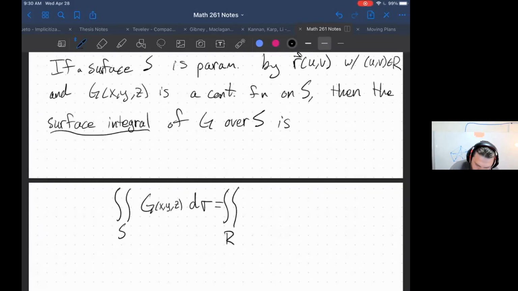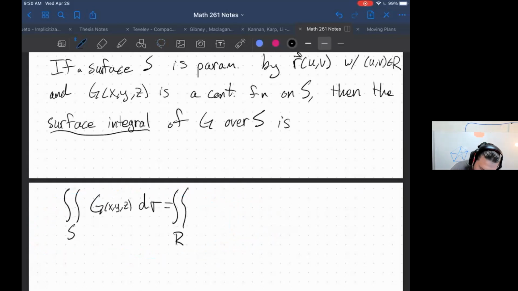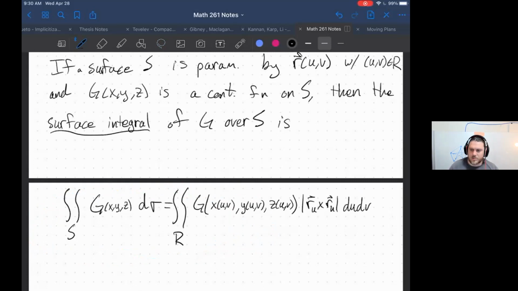So we have the region R. We have G, substituting everything in: x of u, v, y of u, v, z of u, v. For d sigma, we need to substitute in the magnitude of the cross product of the partial derivatives. And then we'll just write out du dv, just to be extra explicit. This is an integral in terms of those two variables.